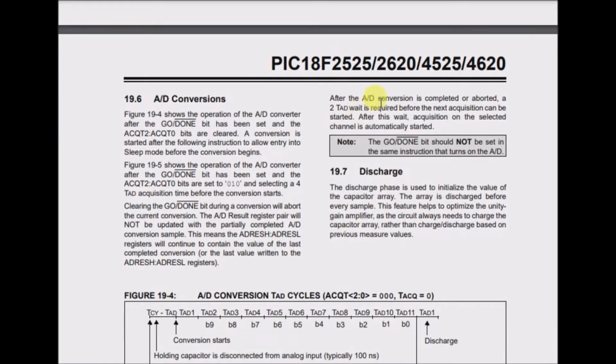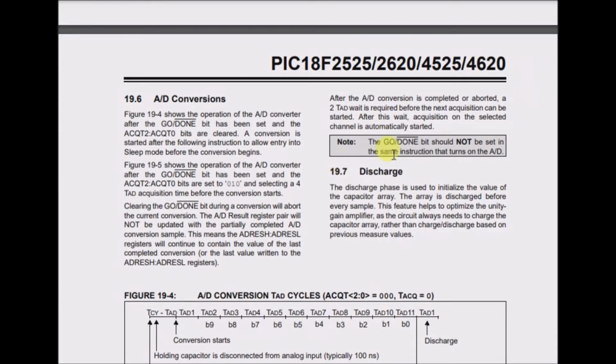After the AD conversion is completed or aborted, a 2 TAD wait is required before the next acquisition can be started. After this wait, acquisition on the selected channel is automatically started.